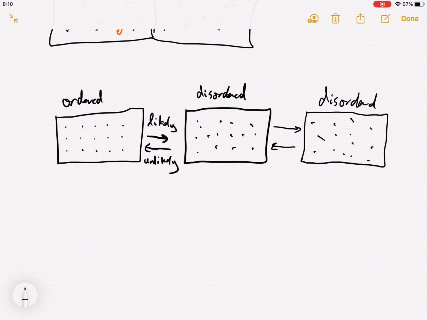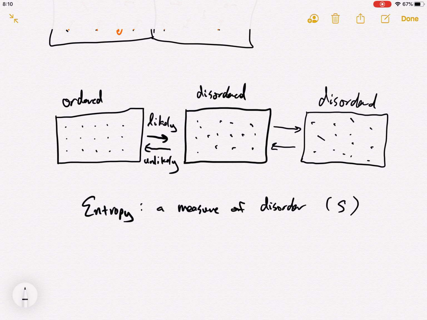We call this measure of disorder entropy. Entropy has a statistical definition, but I don't want to get into that.